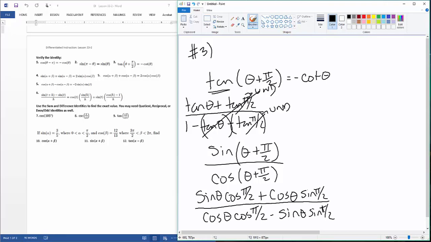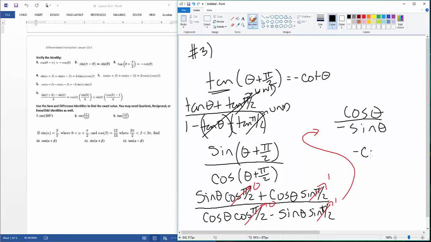Now, the cosine of pi halves on the unit circle, that's going to be 0. That's going to be 1. That's going to be 0. And that's going to be 1. So continuing it here, I'm going to get cosine theta over negative sine theta, which is negative cotangent theta.